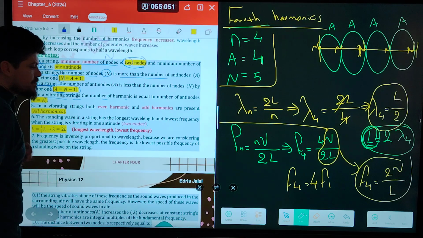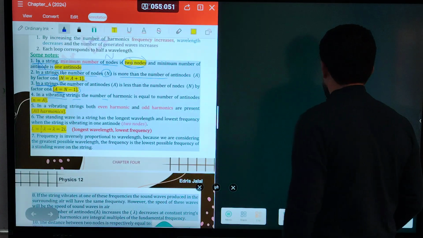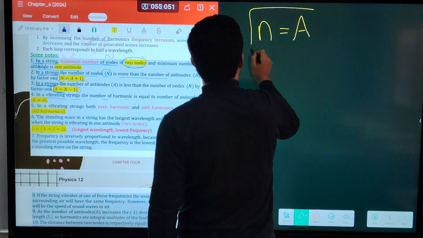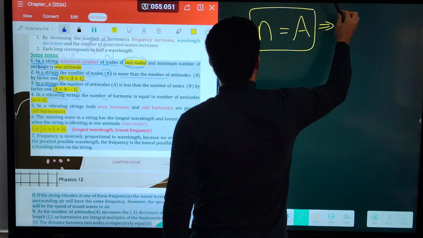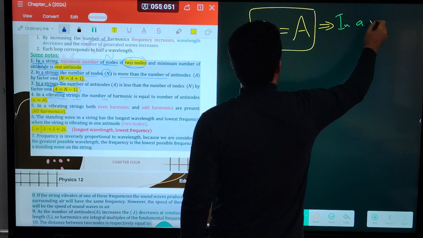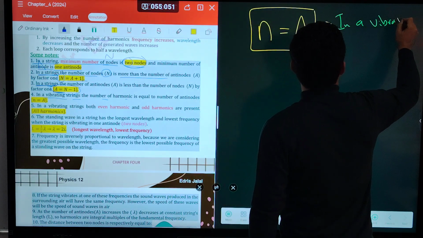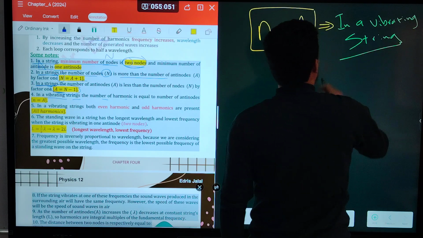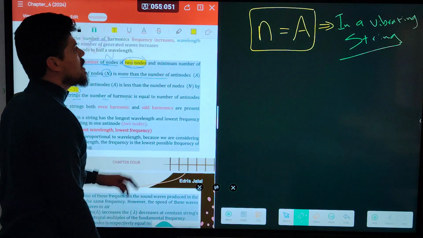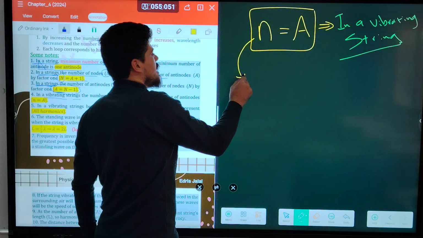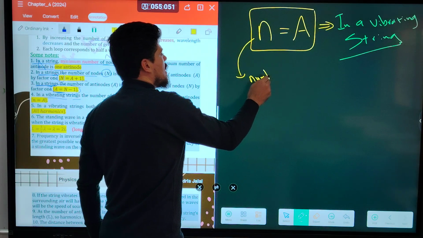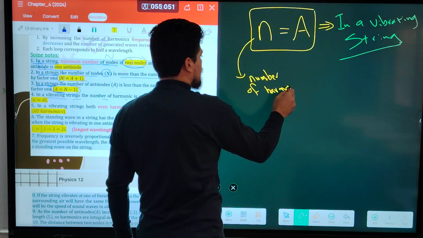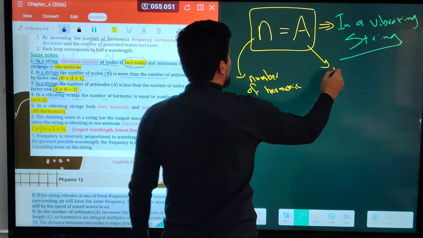In which type of standing wave is the number of harmonics equal to antinodes? In a vibrating string, the number of harmonics, what is n? Number of harmonics equals A, the number of antinodes.